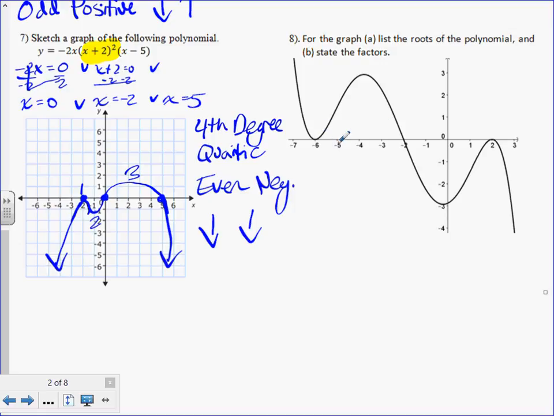We good on these two? It says roots and factors, right? What are the roots? All negative. You're going up on this. Okay. What's the factor for this one? Yep.